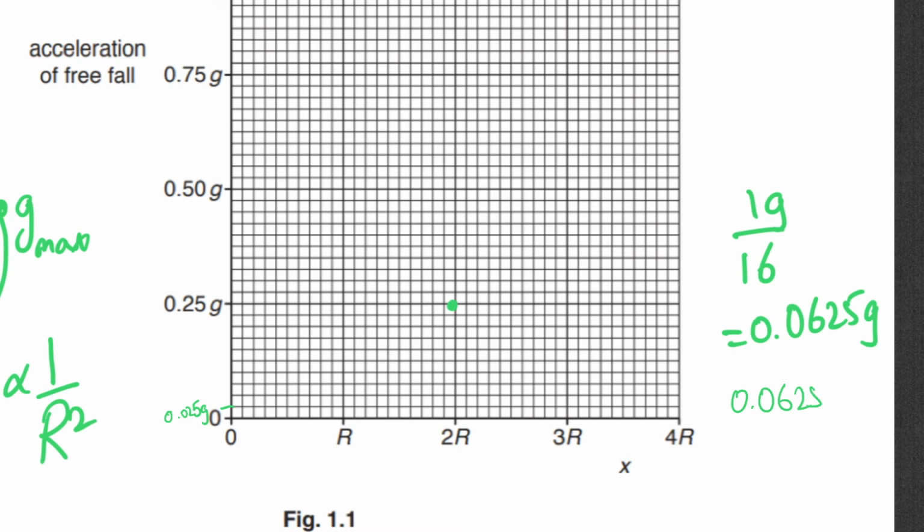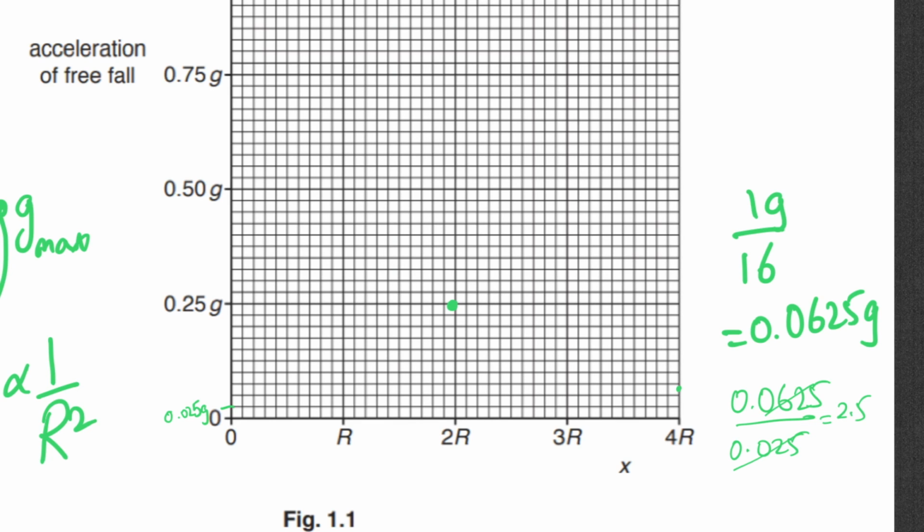This is what you want to find, and the value of one box is 0.025. You divide them, you get 2.5, which means at 4r, when you reach 4r, you go one box up, you go 2 boxes up, and this is where the value should be. So you go and mark this point over here, and this is 0.0625.